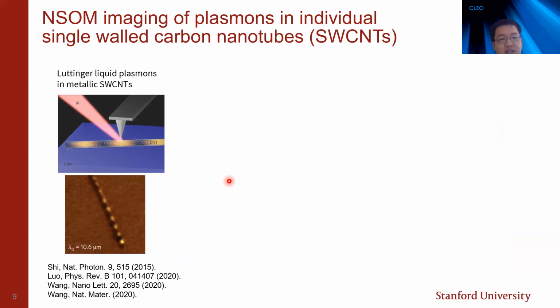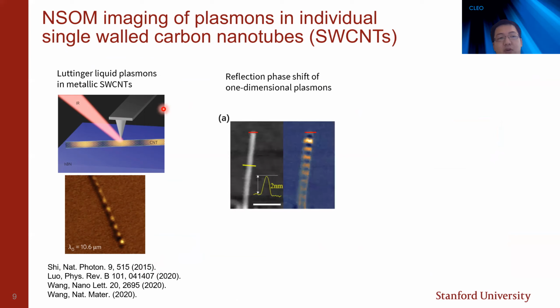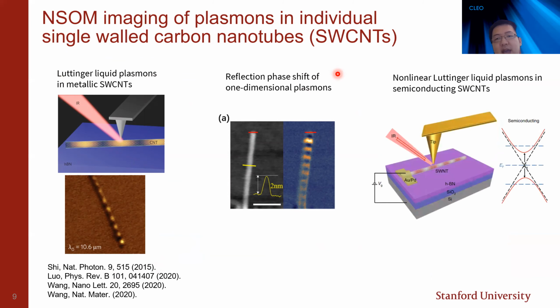This type of study started from 2015, and people have explored Luttinger liquid plasmons in metallic single wall carbon nanotubes, reflection phase in carbon nanotube plasmons, and long lived plasmons in semiconducting single wall carbon nanotubes.